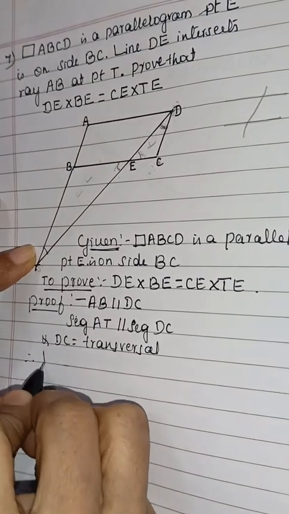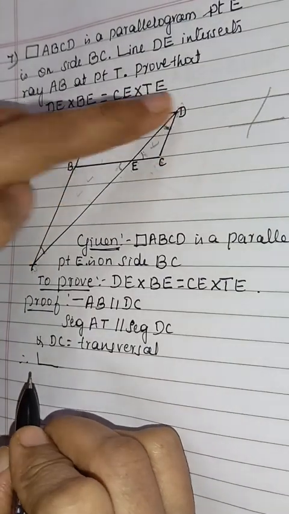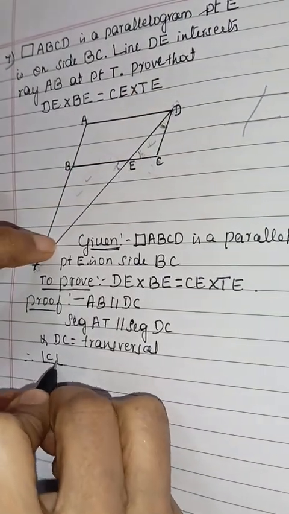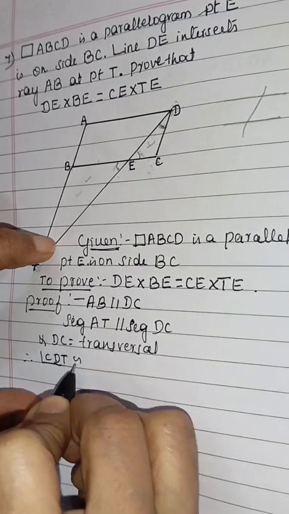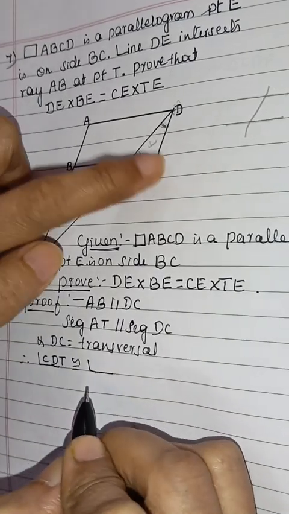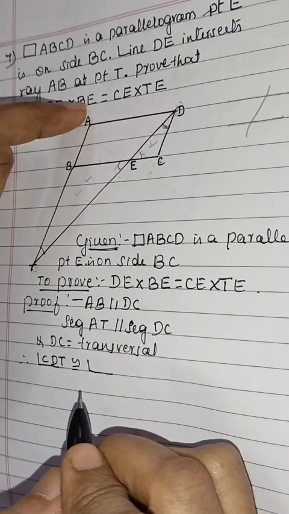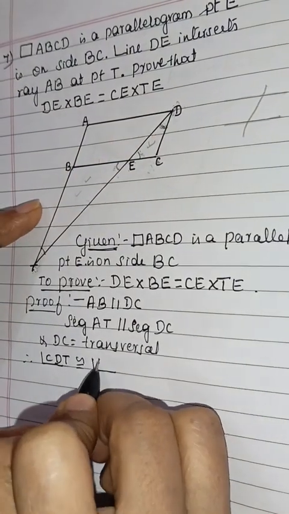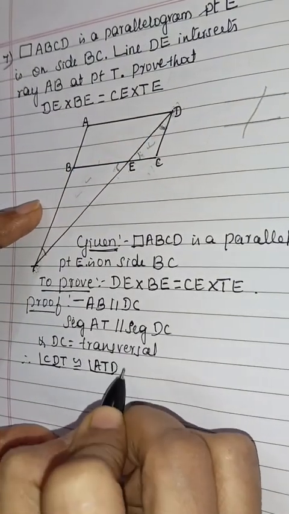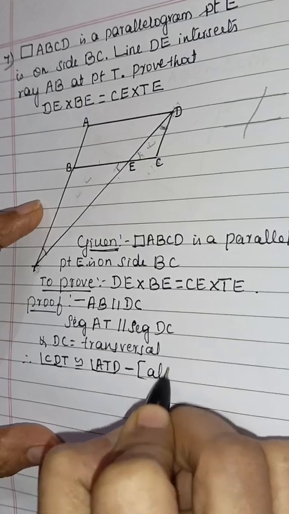Therefore, angle CDT is congruent with ATD because alternate angles.